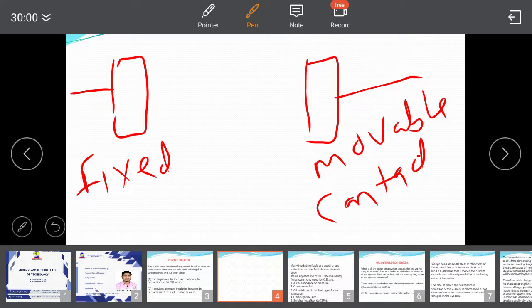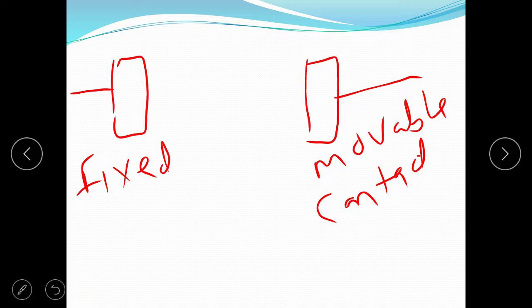In normal conditions, both fixed and movable contacts are closed or are in contact. But in abnormal conditions, a movable contact moves against the fixed contact and provides a gap between the contacts.